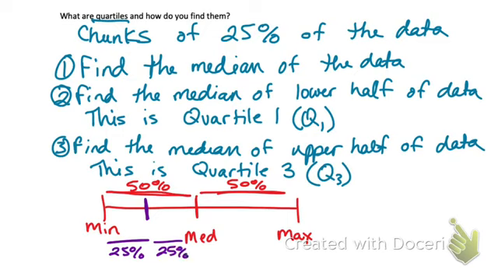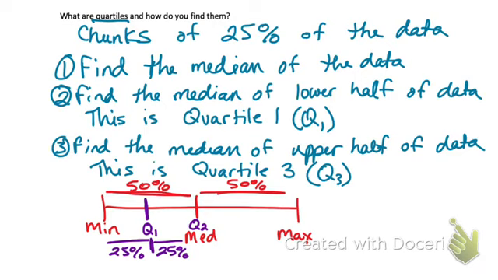And so the first 25% is quartile 1. The median is technically the second 25%. So technically the median is Q2, but I promise you, you will very, very rarely hear anybody call it Q2. Everyone just calls it the median.